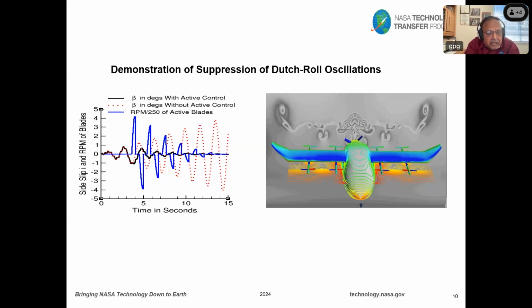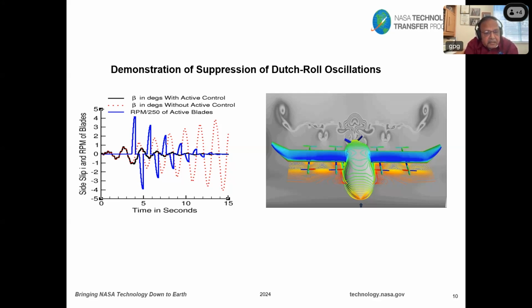The dotted line shows what happens if there's no control system: both beta and the roll angle grow, because this is a coupled phenomenon, as energy starts exchanging between the yaw motion and the roll motion. Here I'm just showing the side slip, the yaw motion.